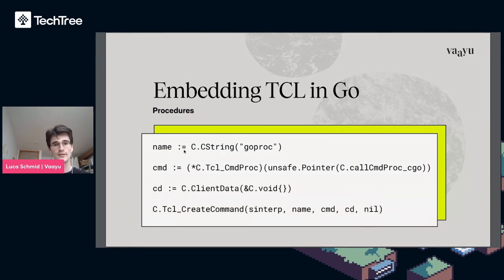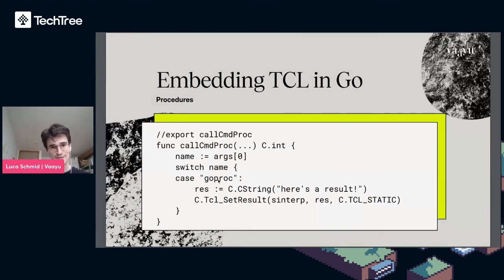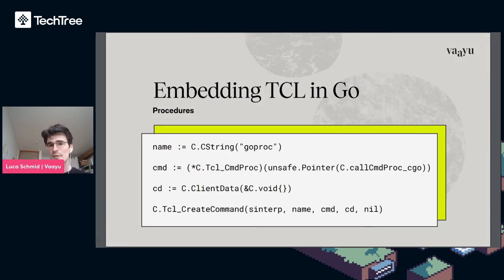Here you can see we assigned a C string called goproc, and then as the command, which is the function being called, we pass this generic call command proc underscore go cgo function pointer, which then calls this function here. So we then end up in the switch case statement. That's a simple way to get around the restriction that cgo has, where you can't simply pass a Go function pointer to a C function.